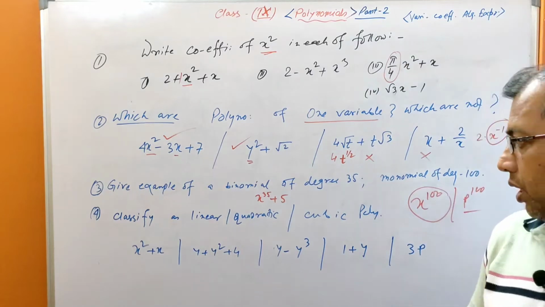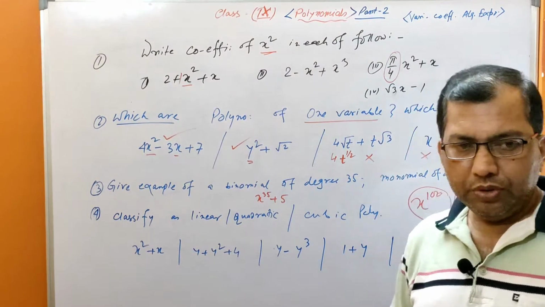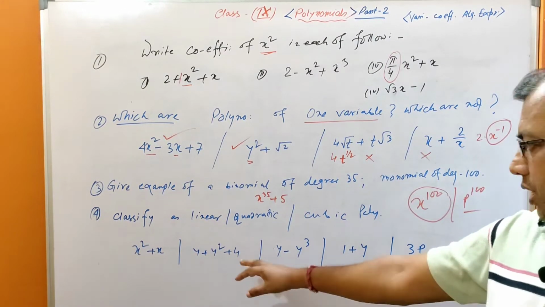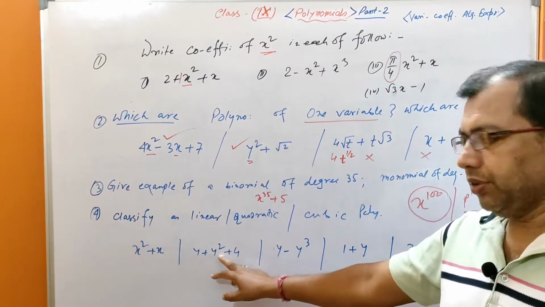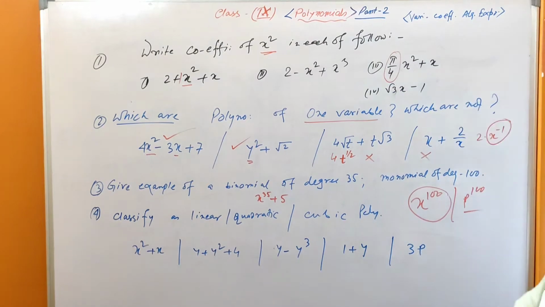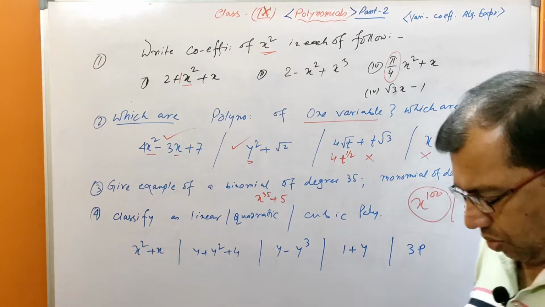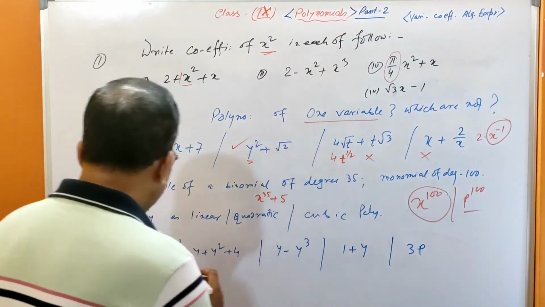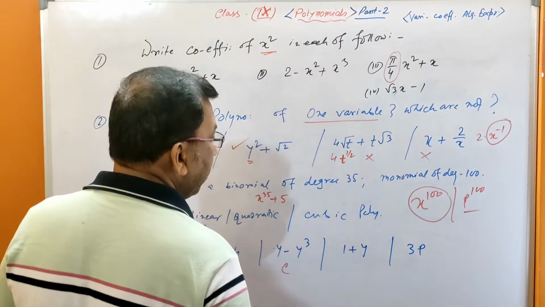Tell me, guess. The first one is quadratic or linear? What is its power? 2. So it is quadratic. What is the highest power here? This is 1. This one has highest power 2, so this is quadratic. This has highest power 3, cubic. That is what you write. This is quadratic. This is cubic.